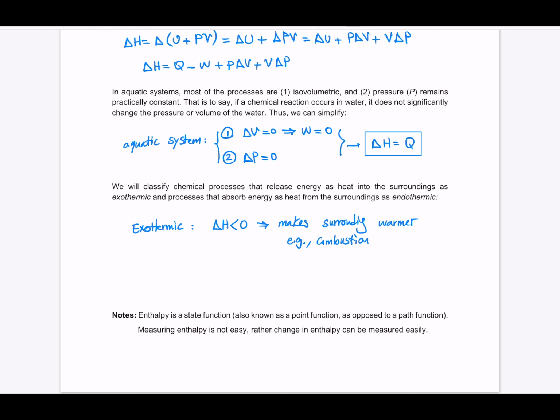For an endothermic process, it's the opposite: delta H is greater than 0, which makes the surroundings cooler. Any example? Melting of ice, so it's absorbing heat. Yeah, or evaporation.